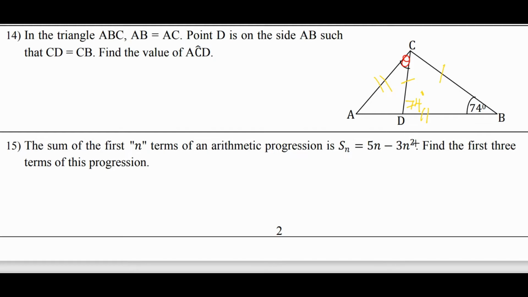Using this data, I can find out the value of DCB. Angle DCB plus angle 74 plus angle 74 should equal 180 degrees, interior angles of a triangle. Then the angle DCB should equal 32 degrees.